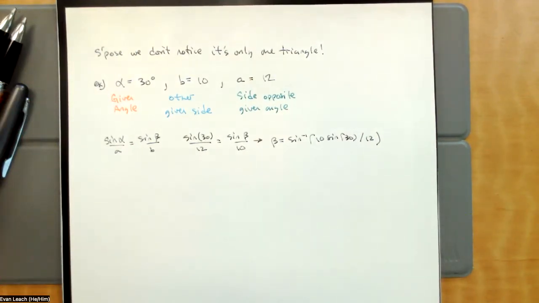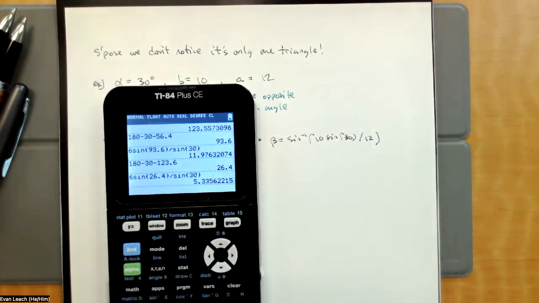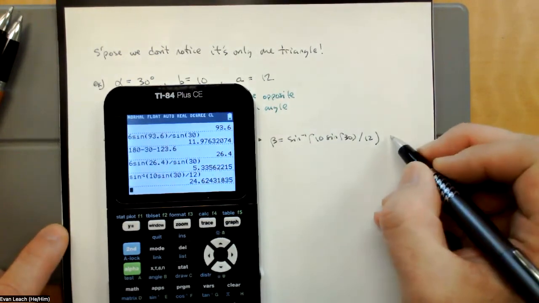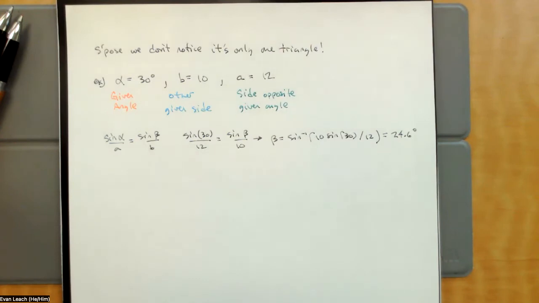Even though we know that 10 sine 30 is the height of the triangle, it's 5, and we were given another chance to look at the 12 and say that's bigger than our other given side. So we're going to go sine inverse of 10 sine 30 divided by 12. So beta is 24.6. Once again, we're pretending that we know we're in the ambiguous case, but we didn't notice that there's only going to be one triangle, and we're going to do our two triangles thing.